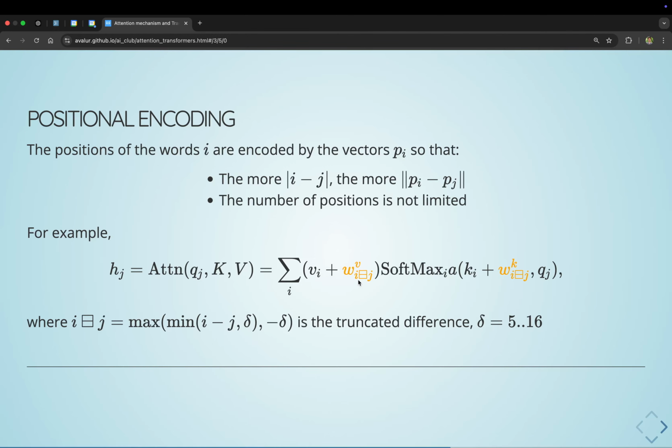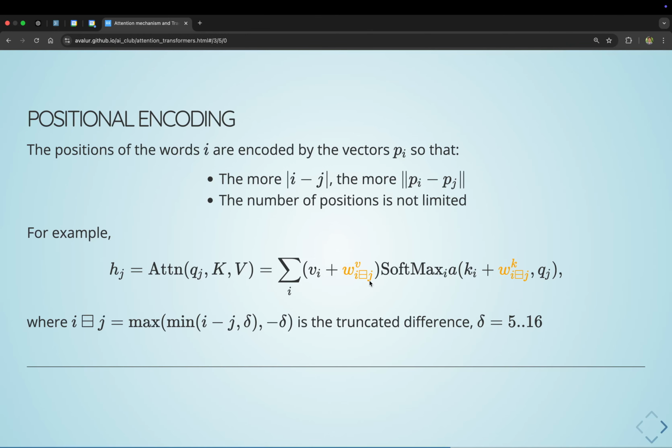Here you see the formula: we slightly change the values of x's and keys of x's inside the attention block, and we add new vectors which are trainable again, but they encode the difference between i and j.